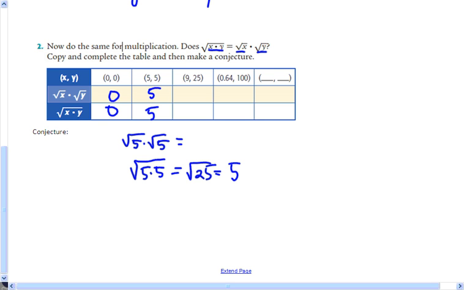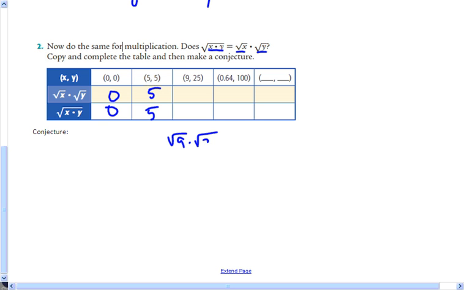Let's try another one here. The square root of 9 times the square root of 25, is that equal to, if I do 9 times 25 first and then take the square root of it? Well, the square root of 9 is 3, the square root of 25 is 5, so that's 15. I know that's 15 for sure.